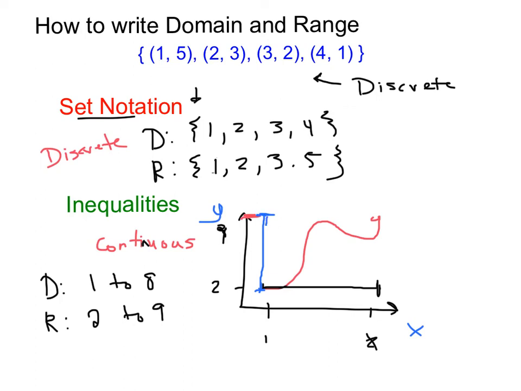I can't write out each individual value that lies from 2 to 9, because there are infinitely many that sit there. So I can just say it goes from 1 to 8 in my x values, and from 2 to 9 in my y values. And so that's how we write domain and range at this point. So set notation we use for discrete, and for continuous we use this inequality, or we can write this from 1 to 8.